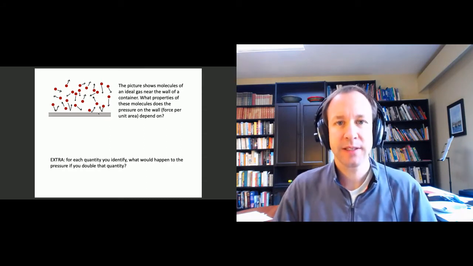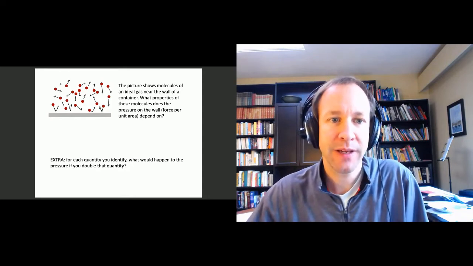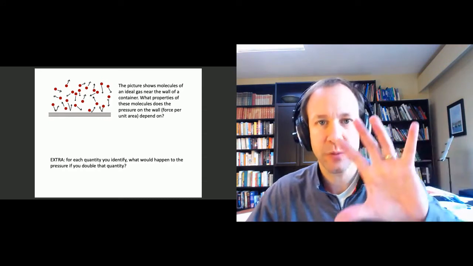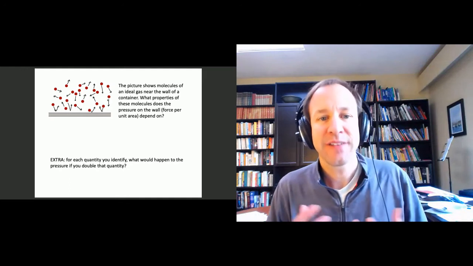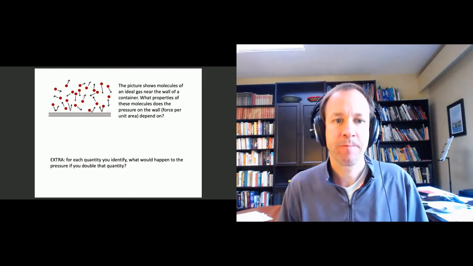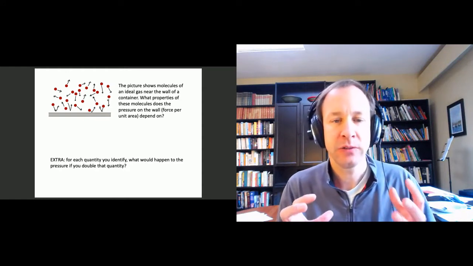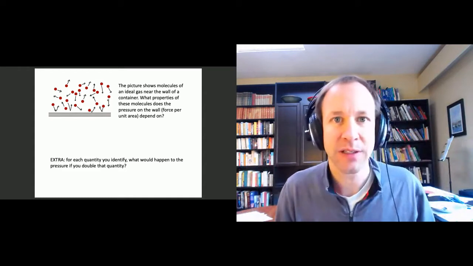Okay, so we had a good discussion in the class today, and people identified various aspects of this picture that we could modify at the molecular level that would have an effect on the pressure. One of the things that people talked about is that you could imagine just having fewer molecules there.